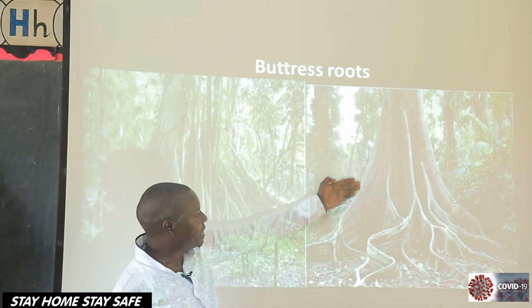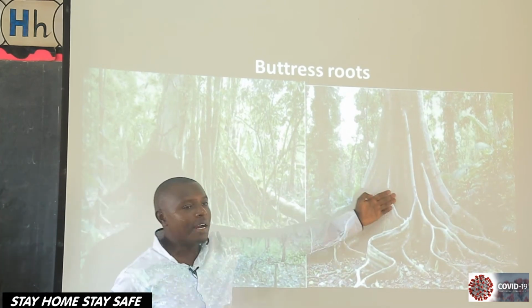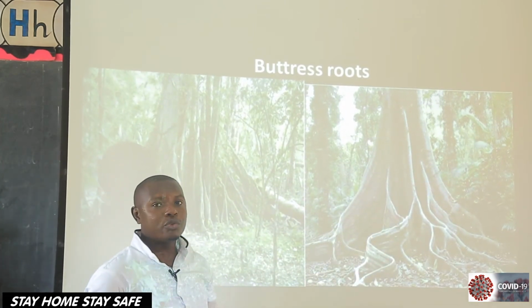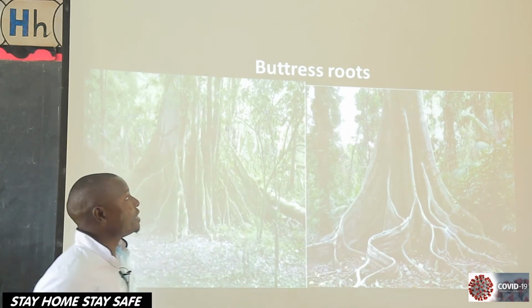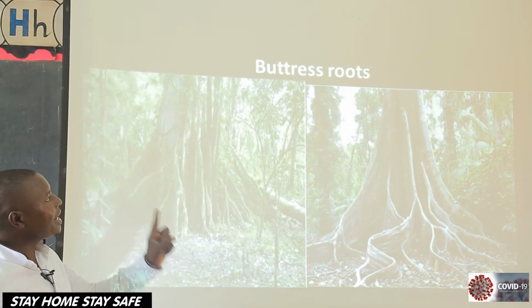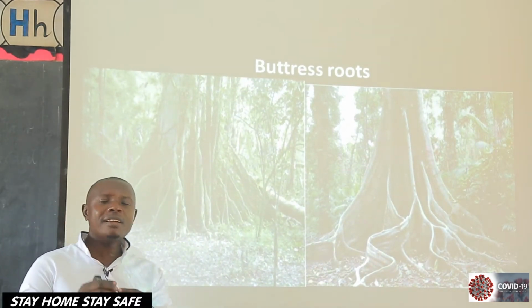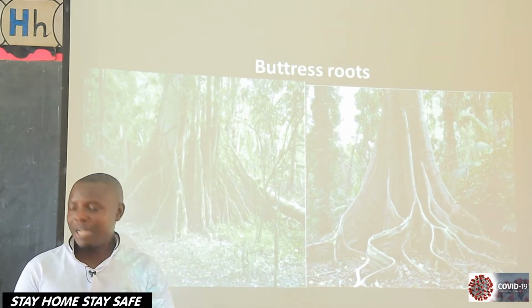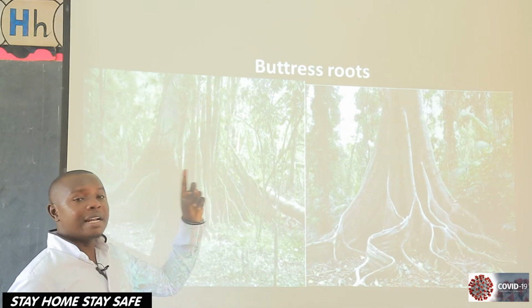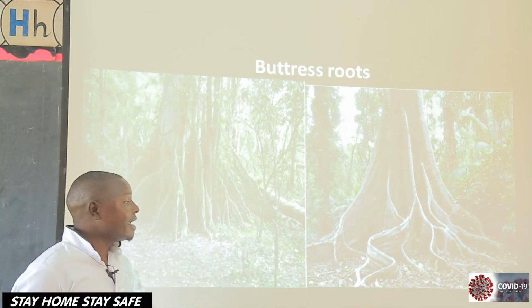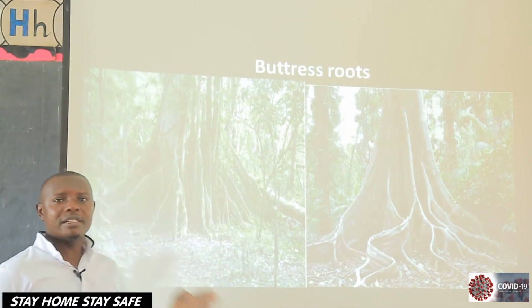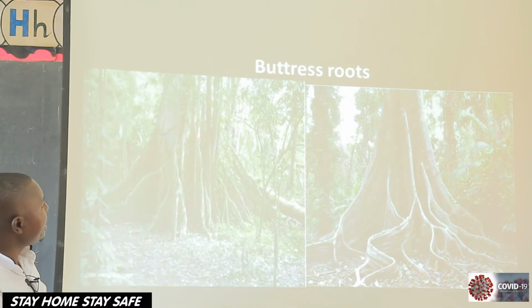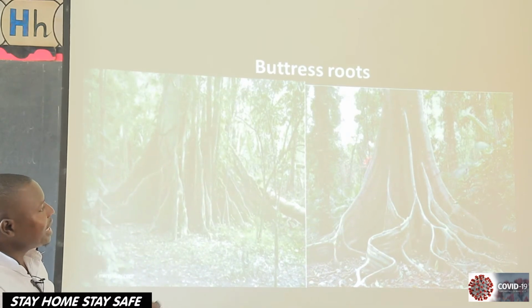They develop from the stem, and they also come out to give extra support. So I emphasize, any root that develops from the stem or any other part of the plant is an adventitious what? Root, or a secondary root. Even here you can see them. These are buttress roots. Okay?